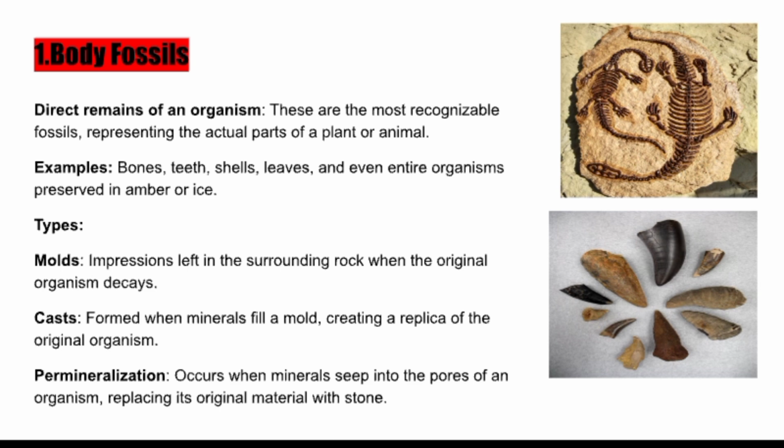So look here, the body fossils are the direct remains. These fossils do not indicate the activities or any related part of an organism, but they represent the entire body of an organism, or a particular body part of an organism that gets converted into a fossil.